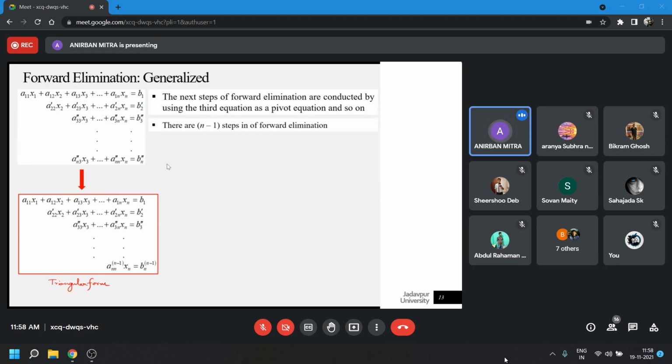And of course, in each equation, you will have to cater to different number of terms. There are quite a few terms in each of the equations. So all the terms need to be modified according to the arithmetic relationship that is developed on the basis of the pivot element and the multiplier. So that needs to be taken care of as well. So obviously you will need a certain number of loops. Basically, you will have to go for nested for loops.